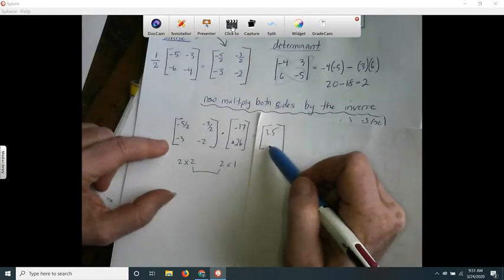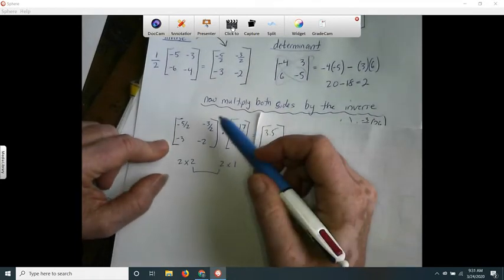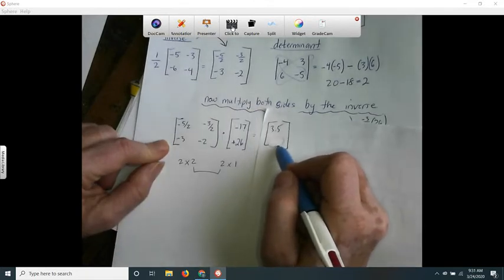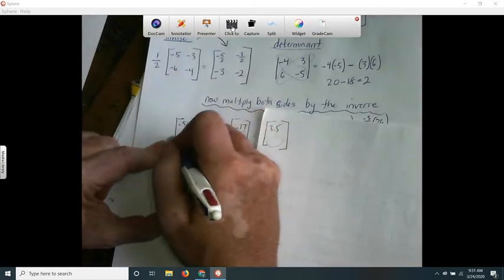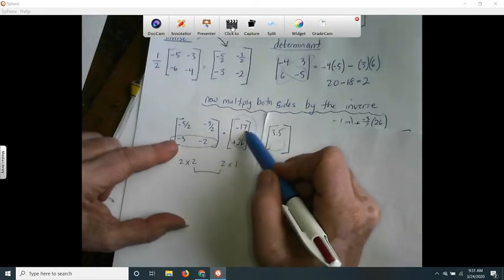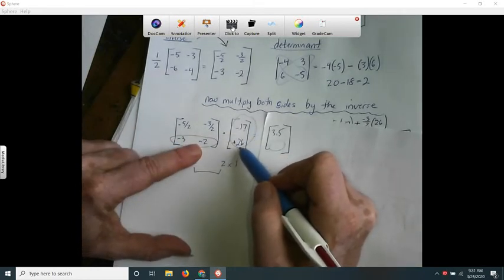So I just wrote it down on scratch paper right here. That ended up being negative 3 times 17 is 51. Negative 2 times 26 was negative 52, so I got negative 1 here.